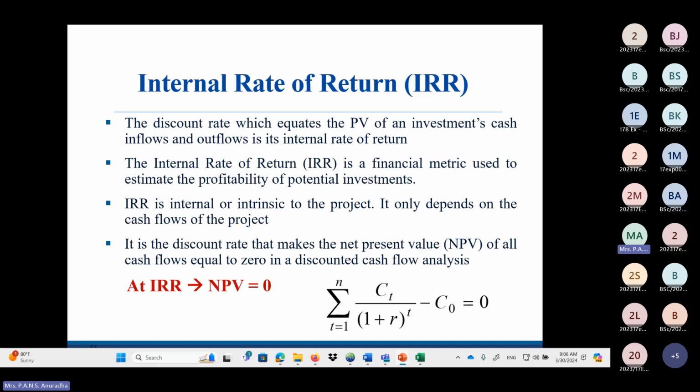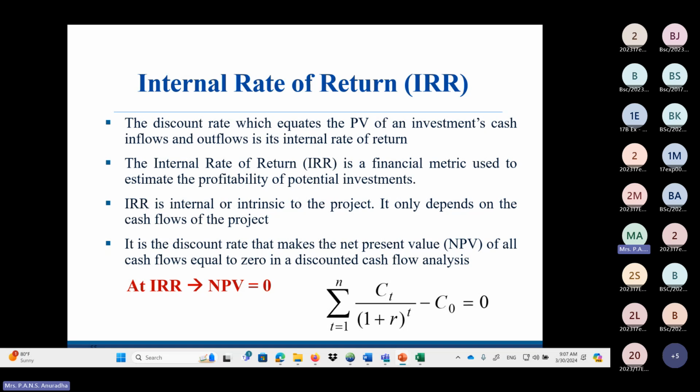YTM was like this: if you invested today in a particular bond at today's current market price, and keep this bond until its maturity, and all coupon payments and the redemption value are received as per schedule, your realized rate of return through this investment is the YTM. So YTM means your investment's internal rate of return.